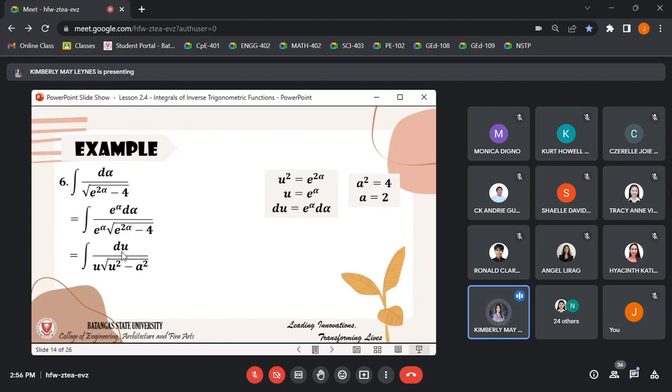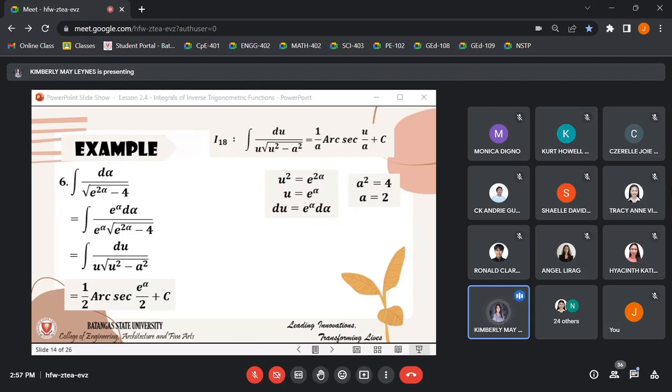So, integral ni du over u times the square root of u squared minus a squared, it is equal ulit sa formula number 18 natin, 1 over a arc secant of u over a plus c. So, ang a natin dito ay 2, ang u natin ay e raised to alpha, magkakaroon tayo ng 1 over 2 arc secant ni e raised to alpha over 2 plus c. Ito na yung answer natin for number 6.